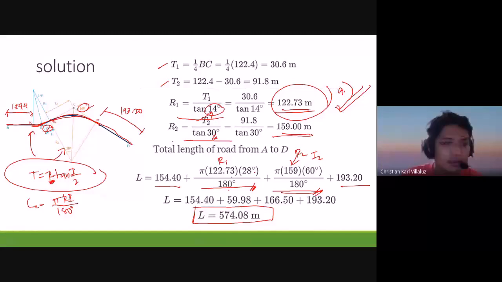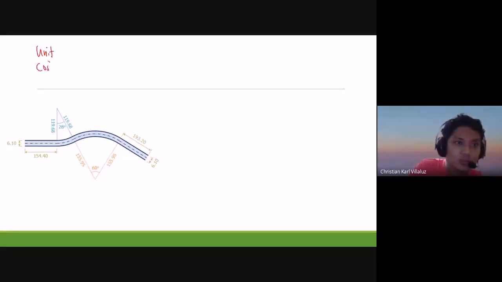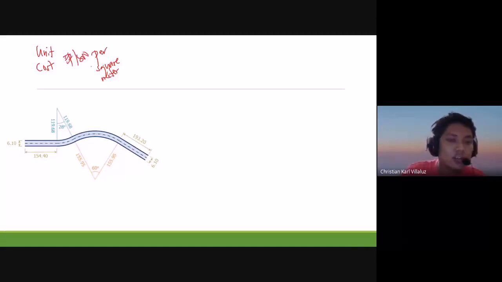So, that's it. How about letter C? The question in letter C is, what is the cost of the concrete pavement from point A to D? Given that we have a unit cost per square meter basis, which is 1,800 pesos, it means that we can compute the cost of this roadway by determining the area of the roadway.